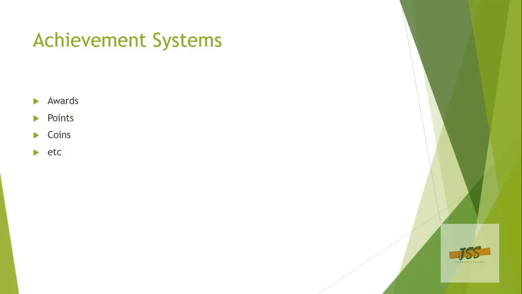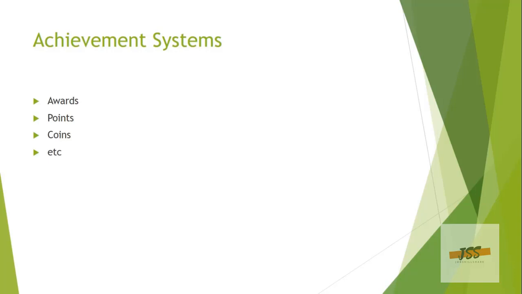We can set a target ourselves, like if our player crosses 100 obstacles, he will be awarded with 10 coins or 10 points or something like that. I think this is enough to explain achievement systems. We will be going through examples of it as we move further in our course.